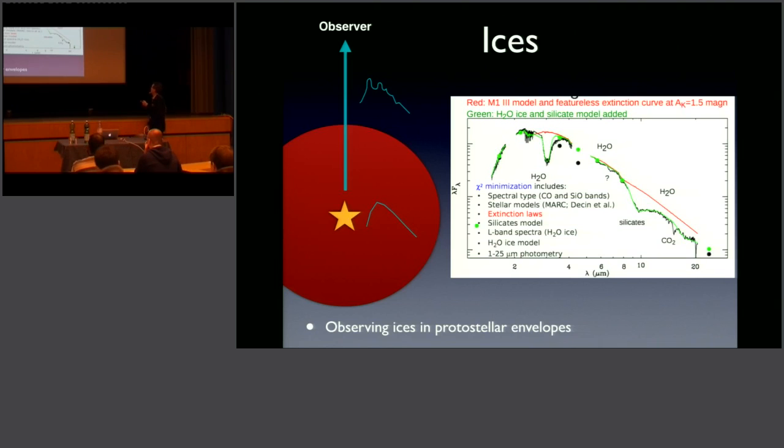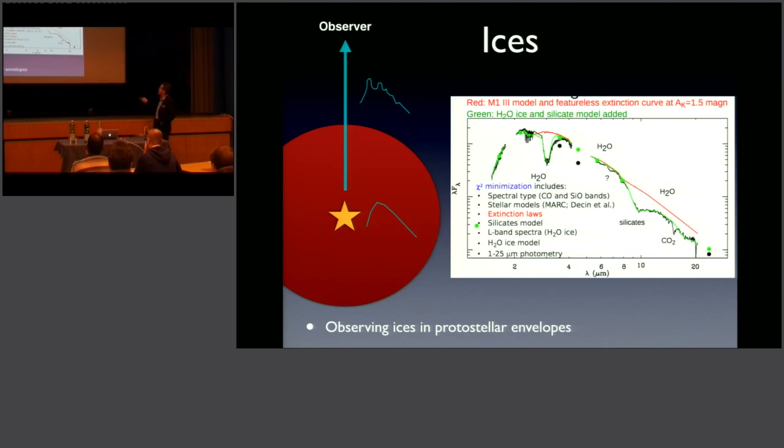And you basically see that there are two effects. One effect is the general extinction, which is what the red curve would be if you take the spectrum of the star and you extinct just for bare silicate grains with no ices. And you see that there is some excess opacity at certain wavelengths.